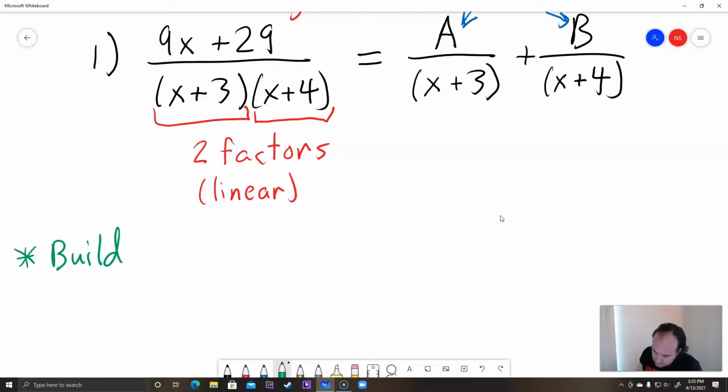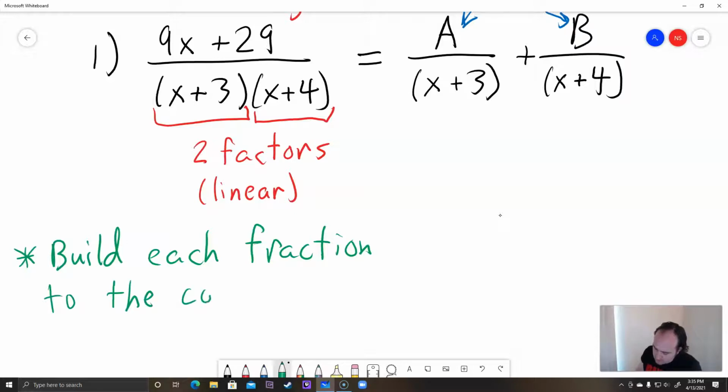Build each fraction to a common denominator. I should probably say a common denominator.